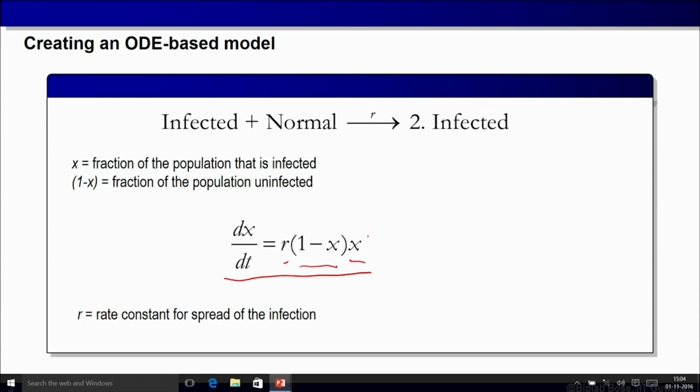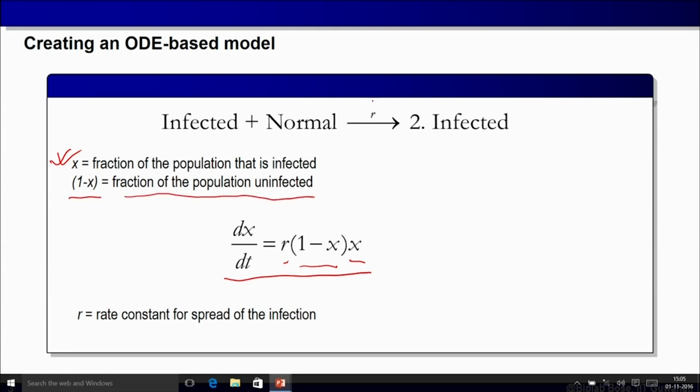Let us look into each of these terms. X represents the fraction of the population that is infected with the disease right now. For example, maybe 2% of the population is infected with common cold right now in my institute. Then 1 minus x is the fraction of people who are uninfected.